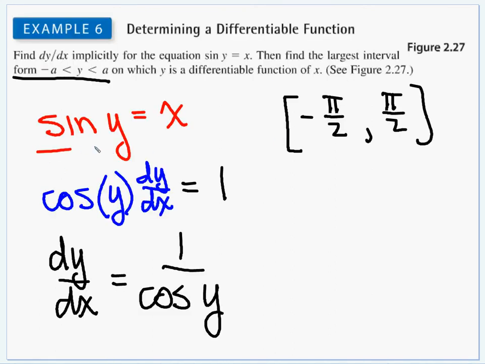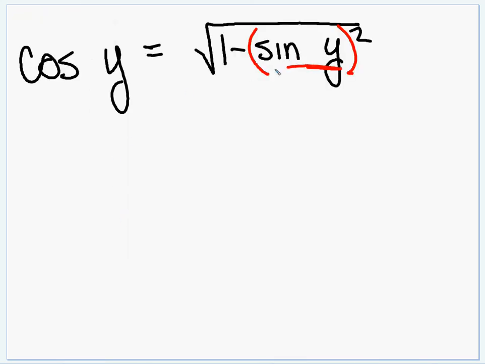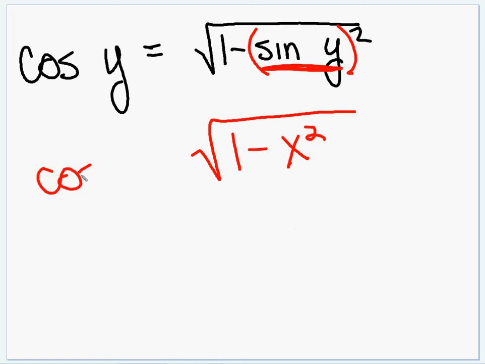Well, the sine of y can be replaced with an x. So that becomes 1 minus x, and remember it was squared, so that's 1 minus x squared. So the cos of y in terms of x is equal to radical 1 minus x squared.